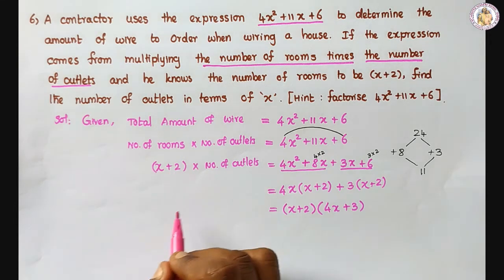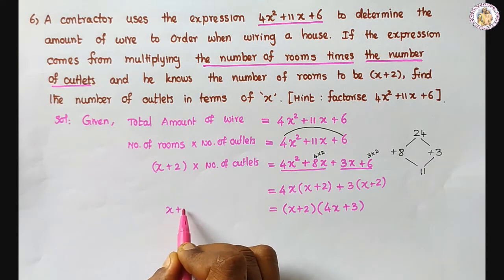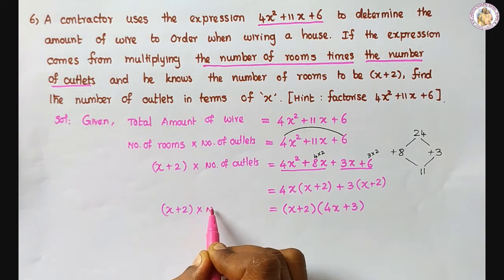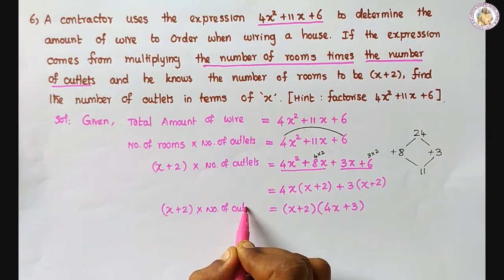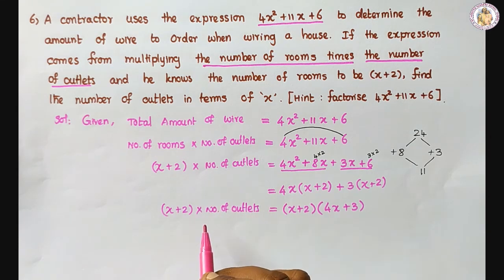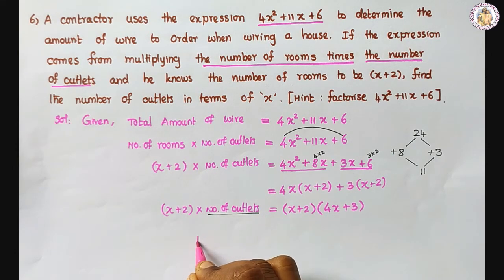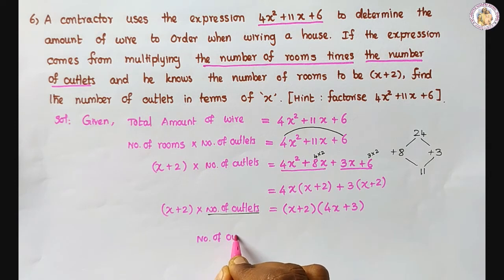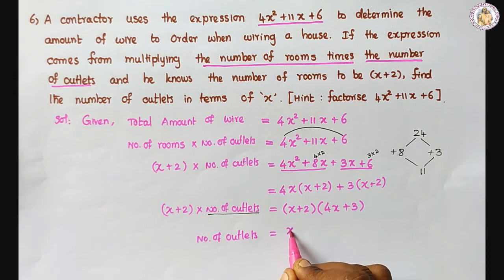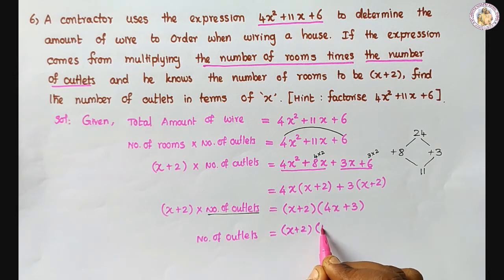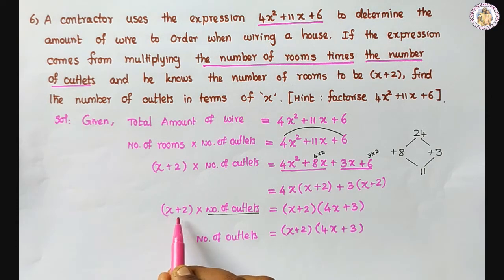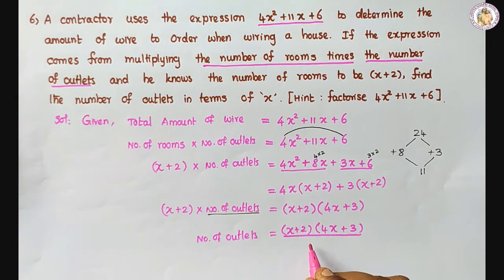Now that is x plus 2 into the number of outlets. We want to find only this number of outlets. So number of outlets equals x plus 2 into 4x plus 3. Here x plus 2 is in multiplication; bringing it to this side means it becomes division.